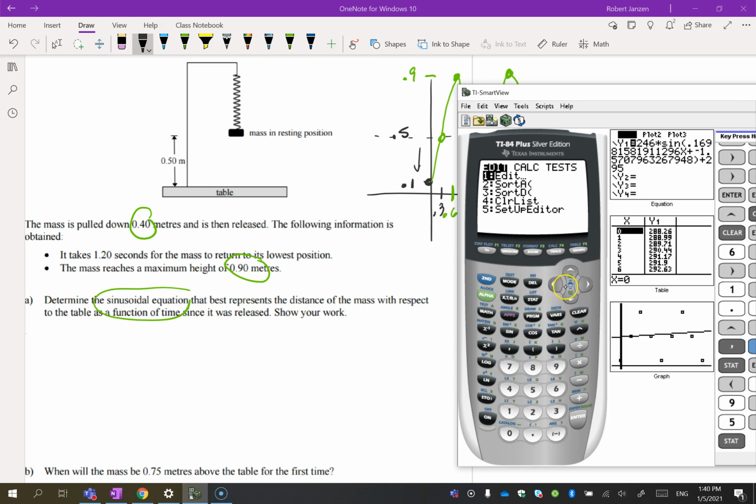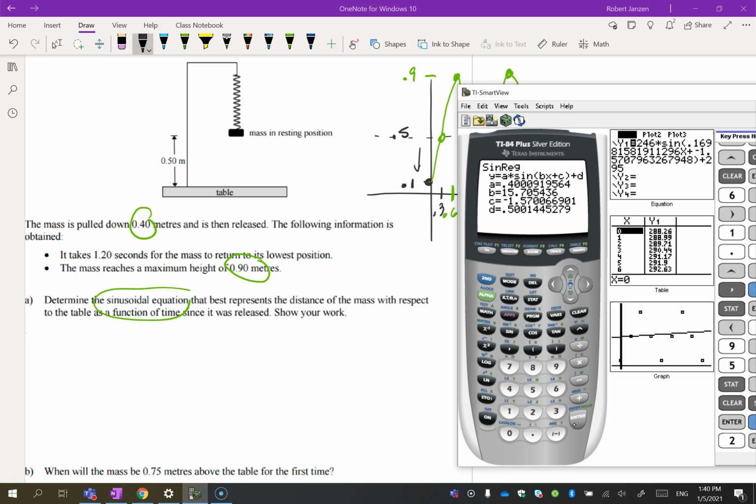Okay, now let's try. So now it seems to accept our answer. So let's see if this makes sense.